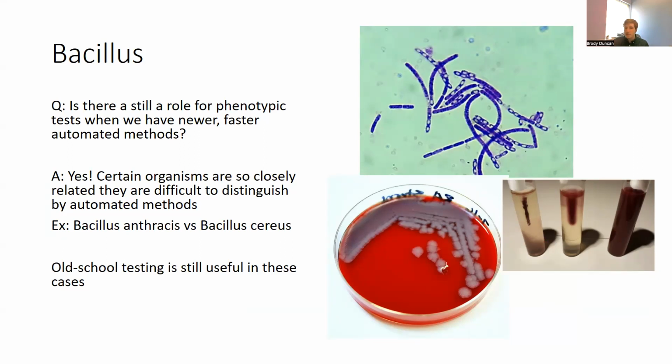So this is an example of something where you really have to pick the right tool for the right organism. And Bacillus anthracis is an example where we really have to still do our old school historical testing that they could have done 100 years ago because it's effective and it's useful.